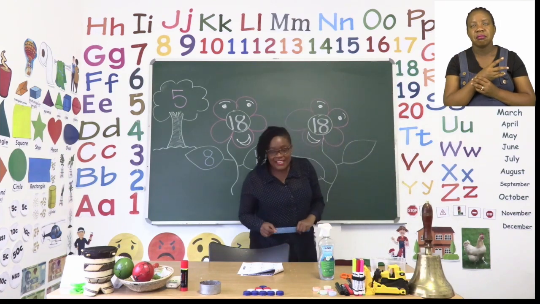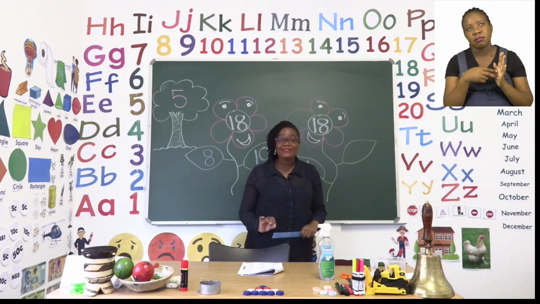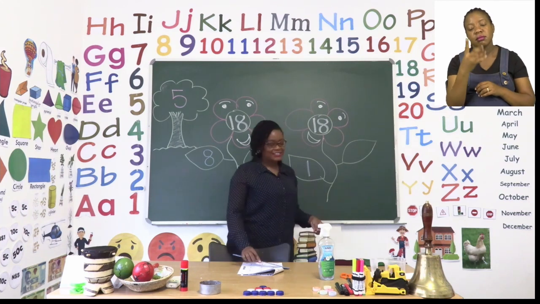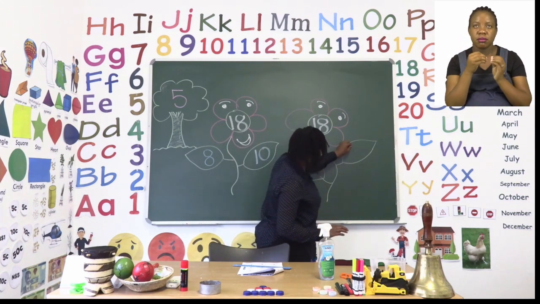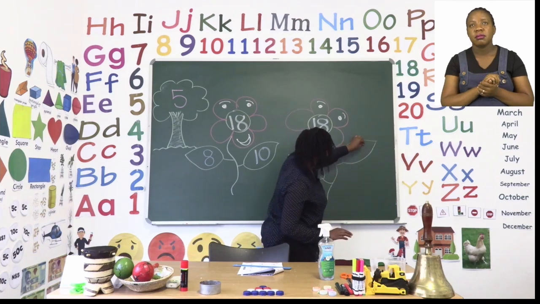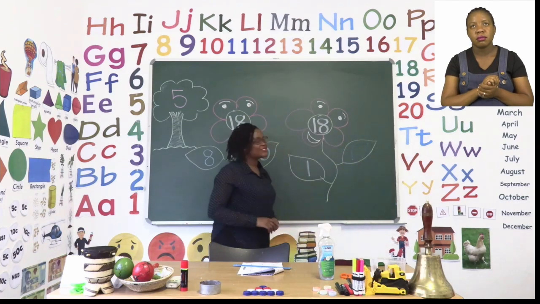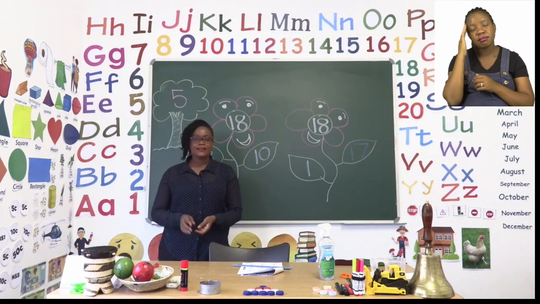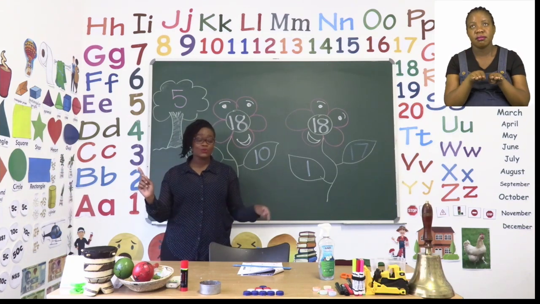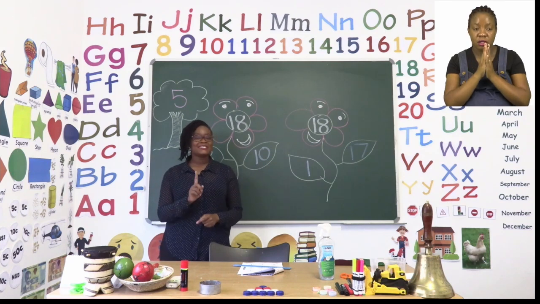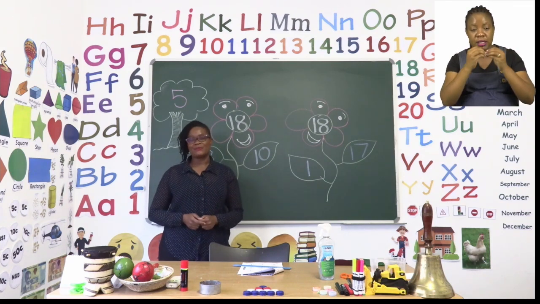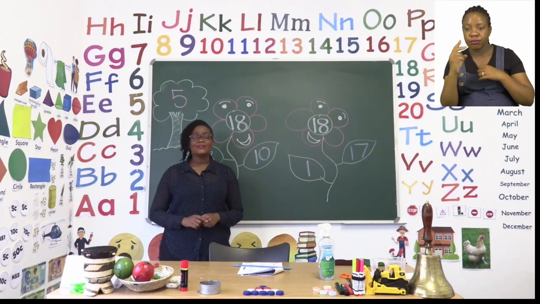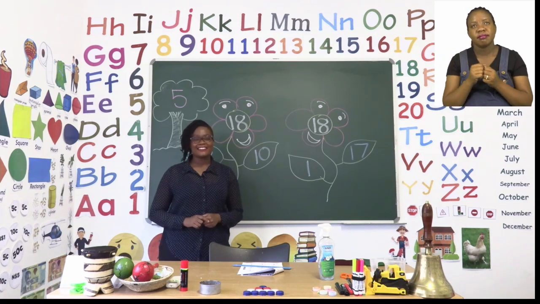So that means that it is 17. Let's write our number 17 in the other leaf. Good job, everyone. So I'm sure now you can do the rest by yourselves. Make a number line from 0 to 20 and you will see how easy it will be for you. Have fun, and I'll see you after the advert break.